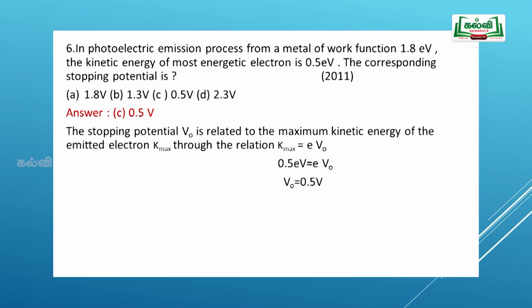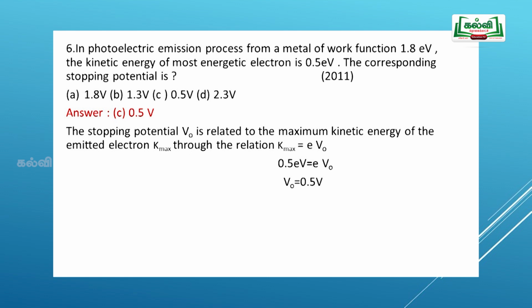Next, we'll move on to question number 6. In photoelectric emission process from a metal of work function 1.8 electron volt, the kinetic energy of most energetic electron is 0.5 electron volt. The corresponding stopping potential is option A 1.8 volt, option B 1.3 volt, option C 0.5 volt, option D 2.3 volt.